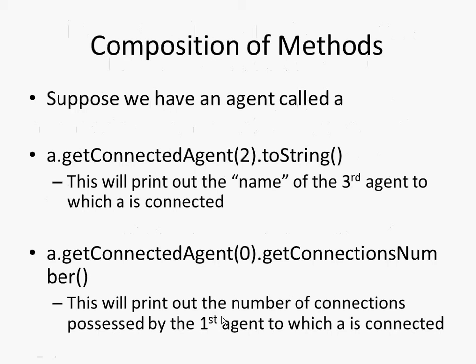Okay, so if I have a reference to A, for the first person to whom A is connected, it's getting that person's number of connections. So this is going to give me a number, 3. So A has some agent to whom it's connected. The very first agent to which it's connected, it's asking for that person's number of connections.